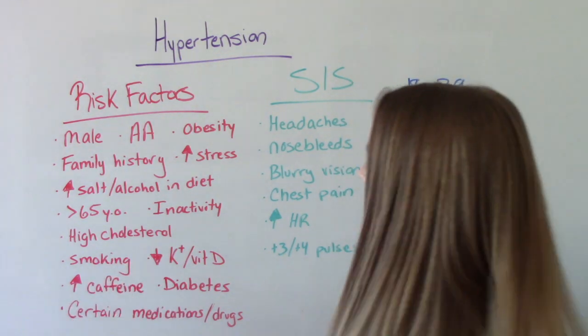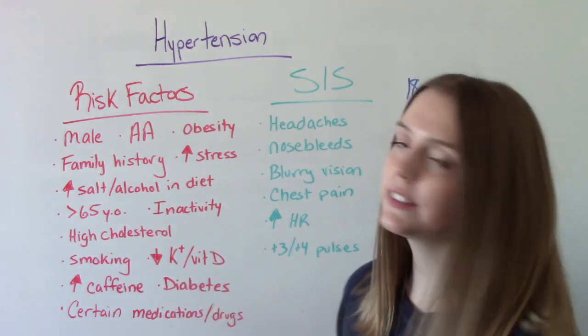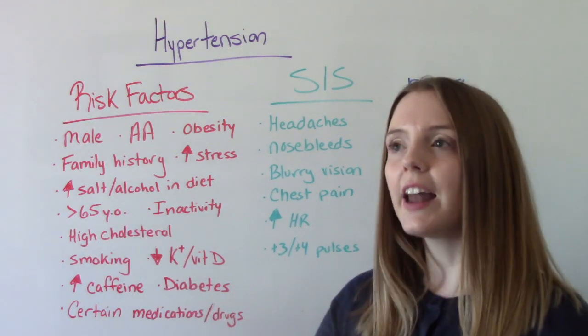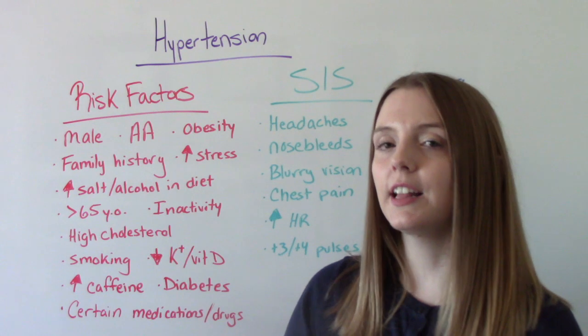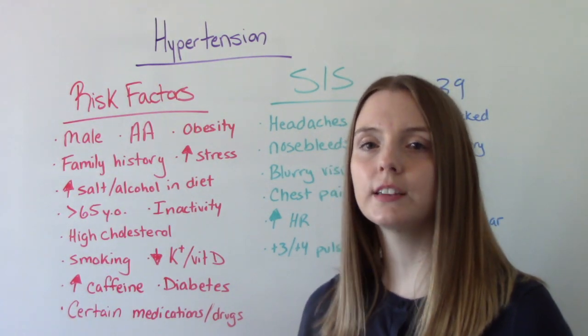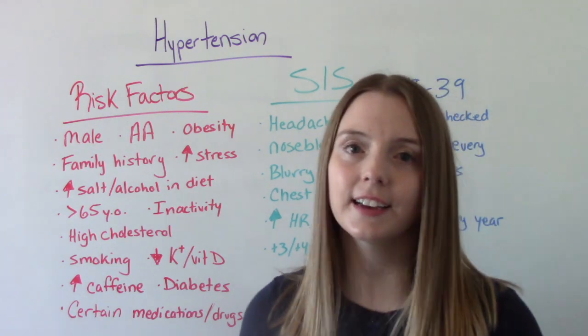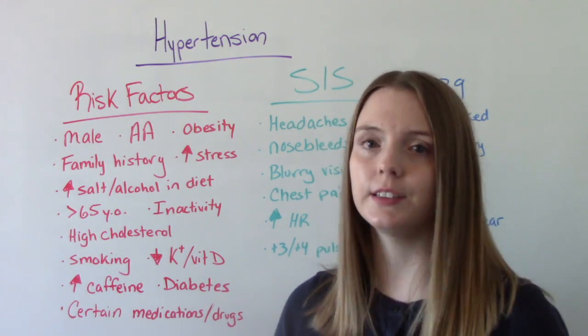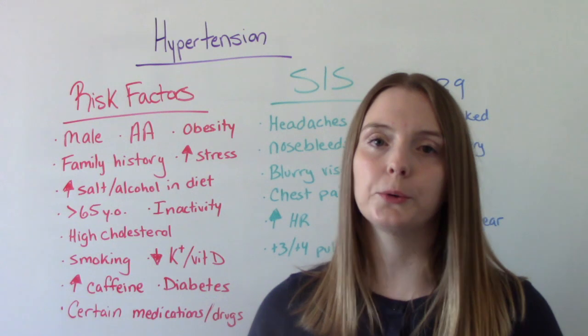Your age can be a risk factor, so greater than 65 years old. That is related to the normal physiological changes of aging. What happens when we get older, our blood vessels become less elastic, which increases resistance to that blood flow, which will increase your blood pressure.